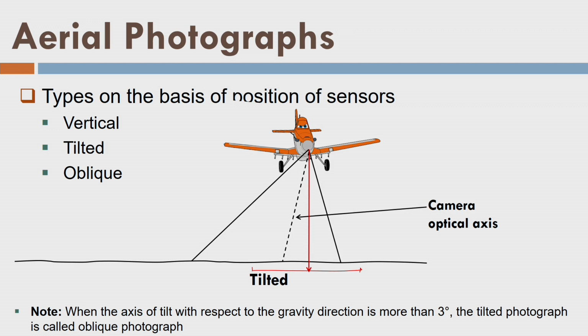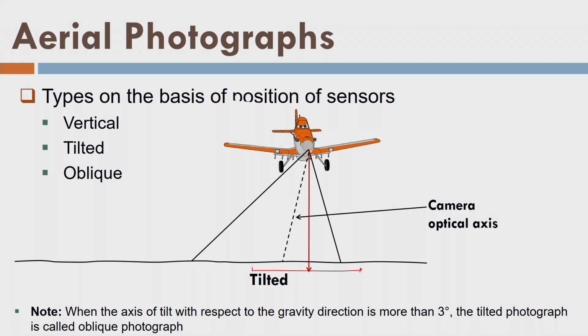That means we are acquiring a tilted photograph. Naturally, we should expect some distortions in a tilted photograph. What are distortions? Distortion is something away from the expected one. In a vertical photograph, we have an expectation that it will cover this much area, but a tilted photograph, because it is tilted, will cover some kind of shifted area instead. We will see all these things.